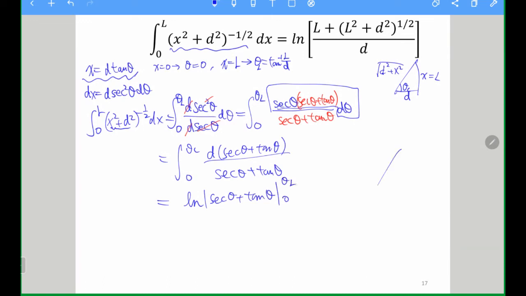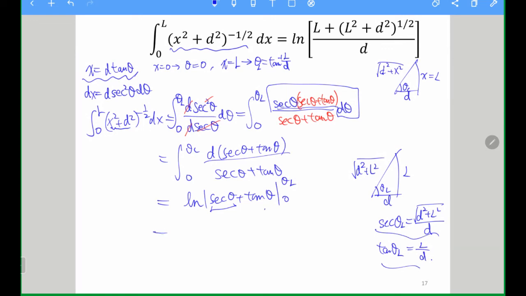So we need to know what secant theta L is. Secant theta L will be the square root of d squared plus L squared, over d, and tangent theta L would be L over d. You can just plug these into here.